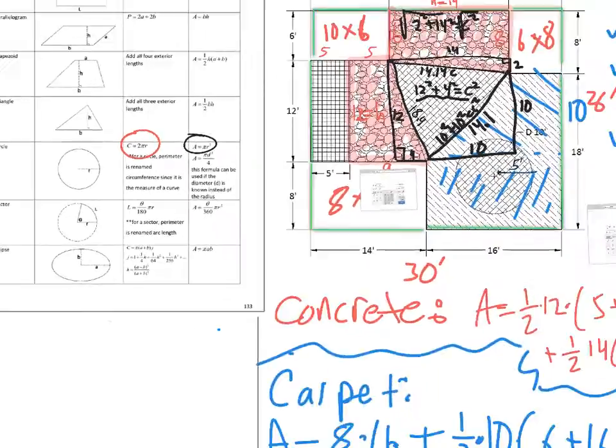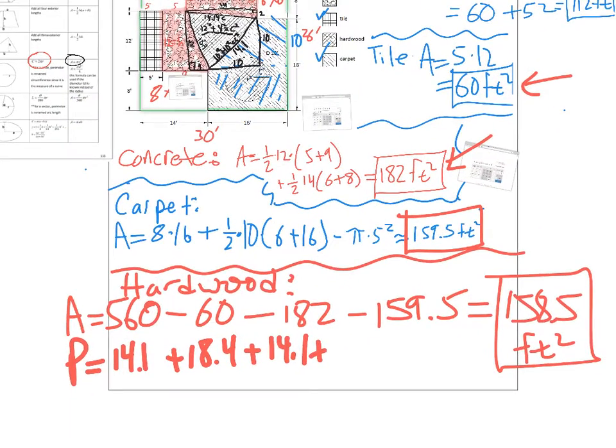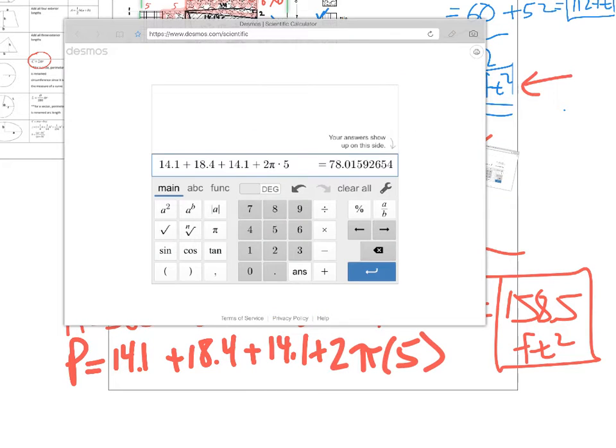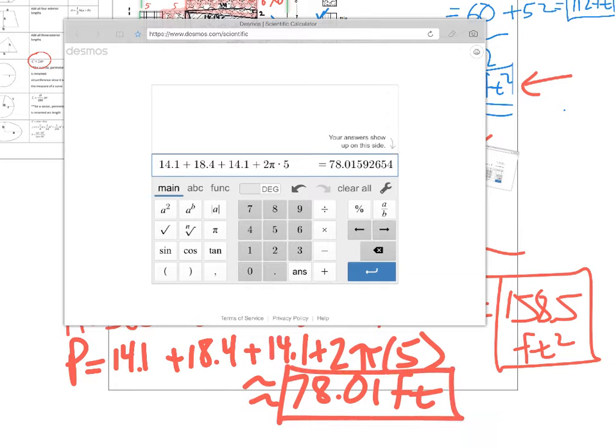And so 2 pi r, the radius is 5. So we have 2 pi times 5. And if we add those up, we're going to get 78.01 feet. So if we were going to put like a border on there, we'd need 78 feet of border roughly. All right. So that's the hardest one there.